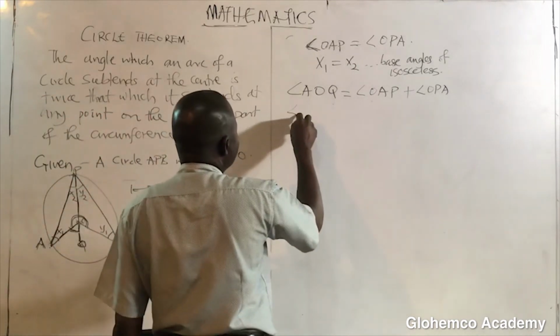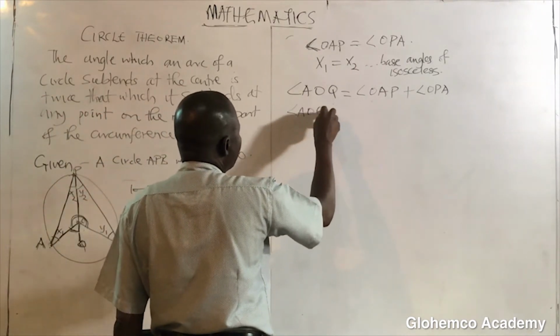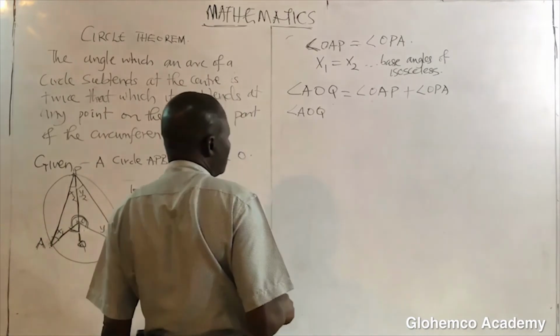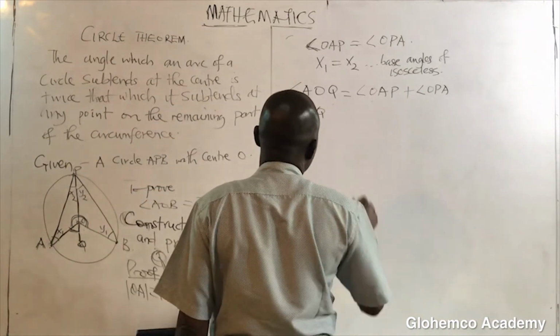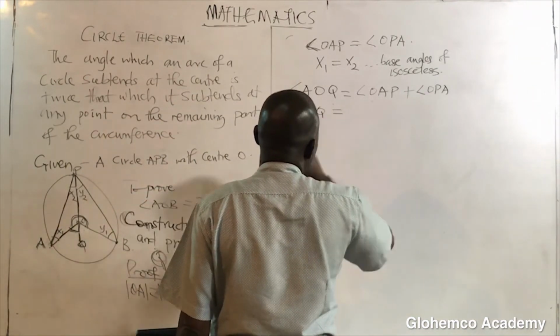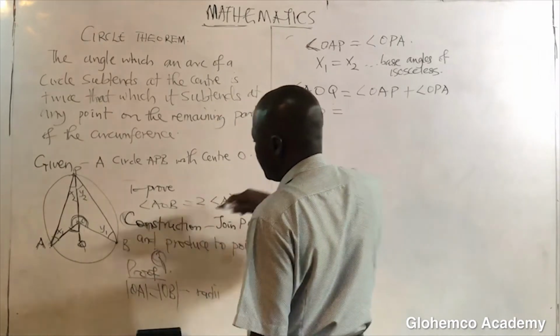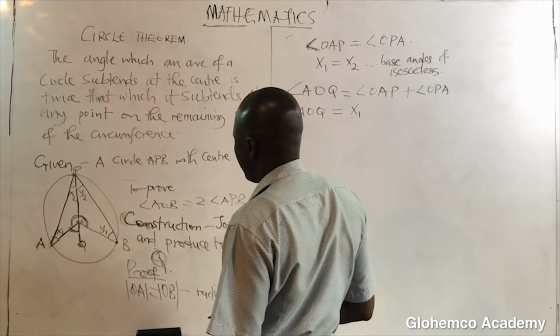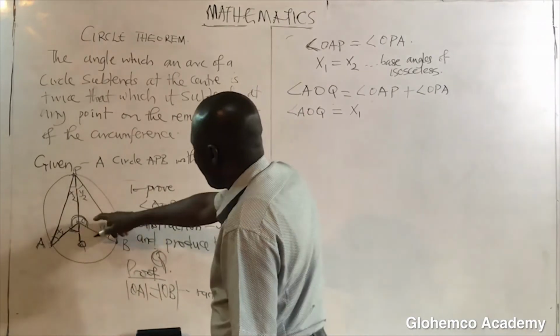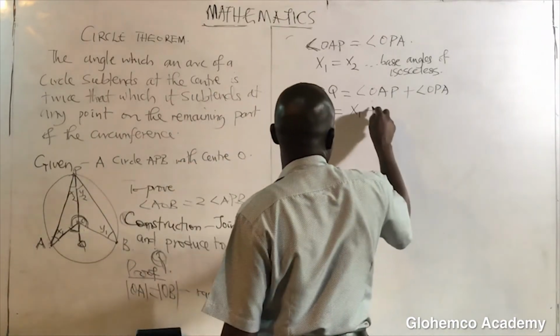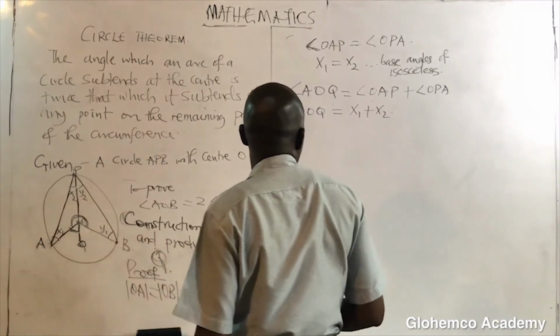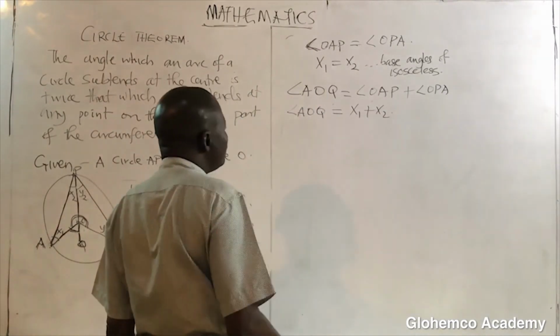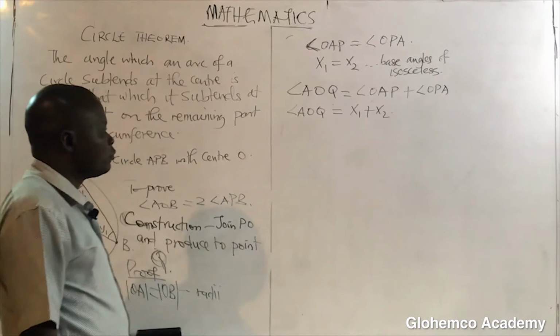What we are saying now is that angle AOQ will be equal to OAP, which is x1, plus OPA, which is x2. Okay, now that is our AOQ.